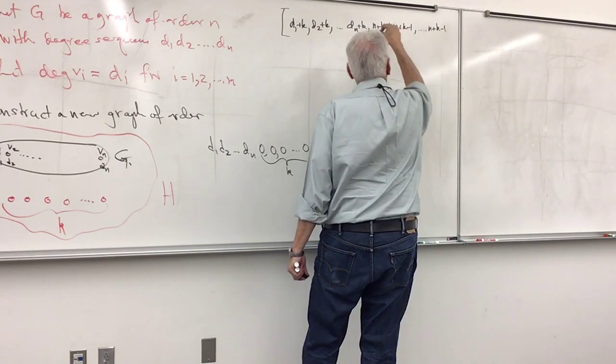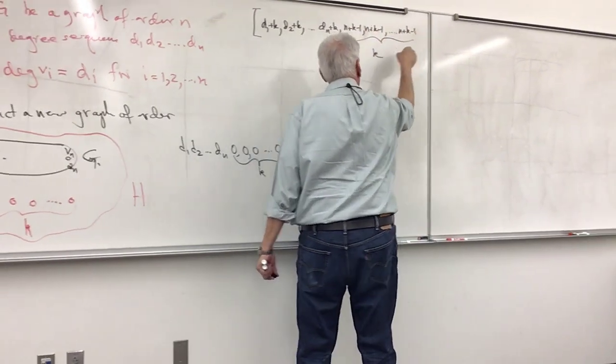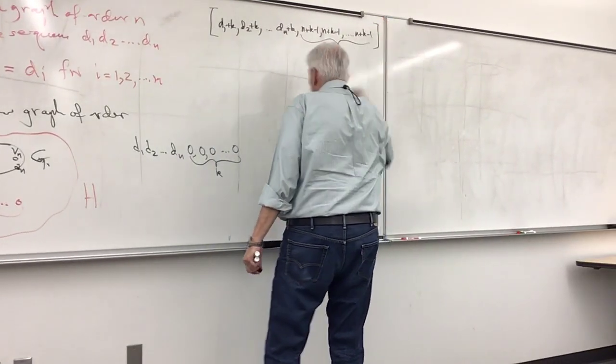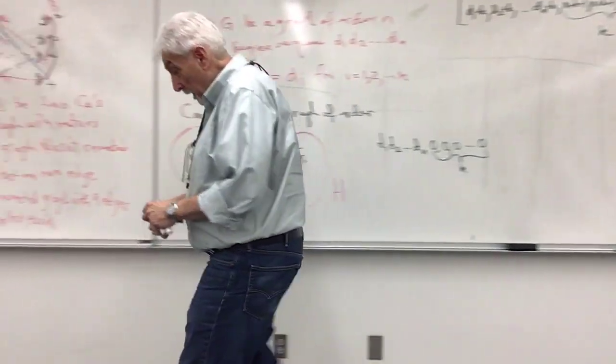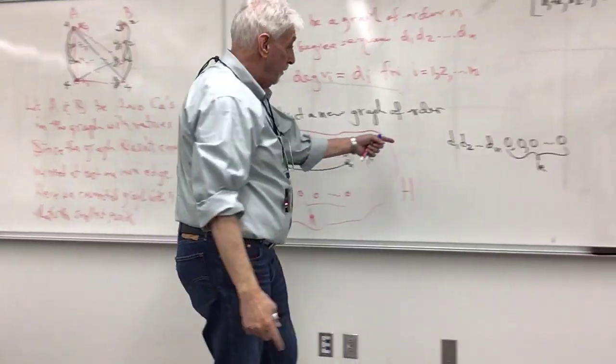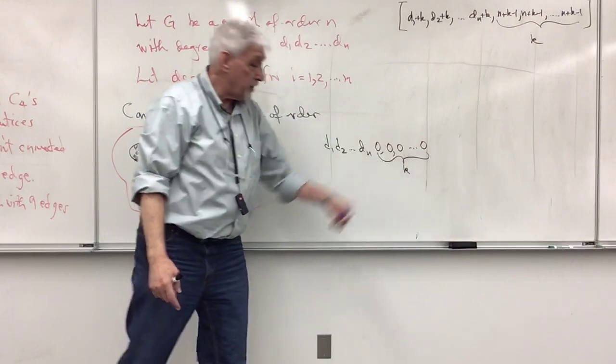How many of these? I have K of these. That's what I'm aiming for. I'm not there, right? I have D1, D2, Dn, and a bunch of zeros.